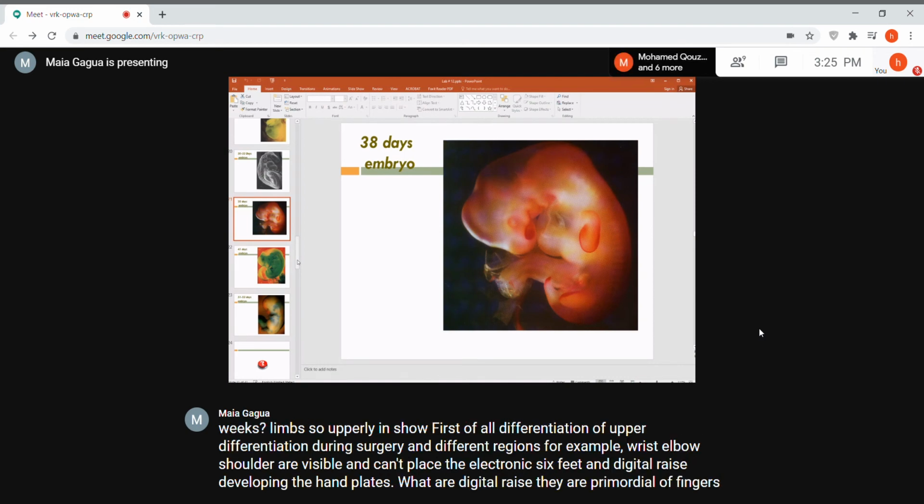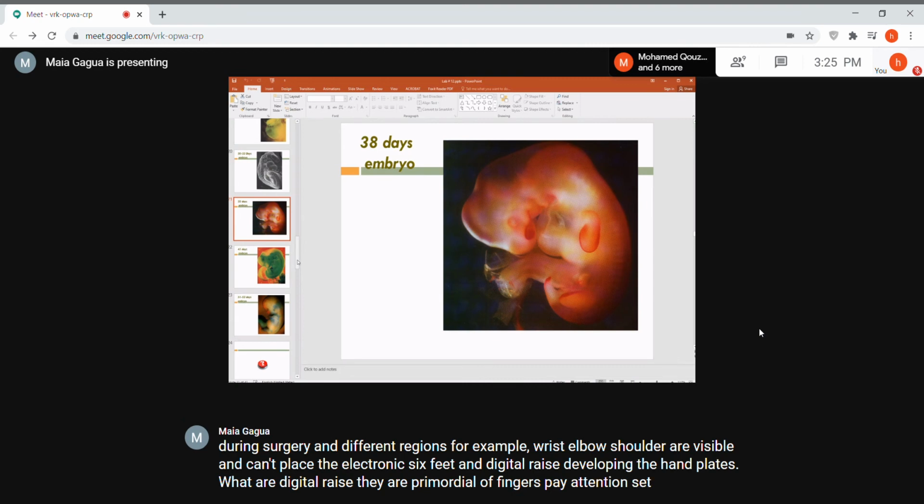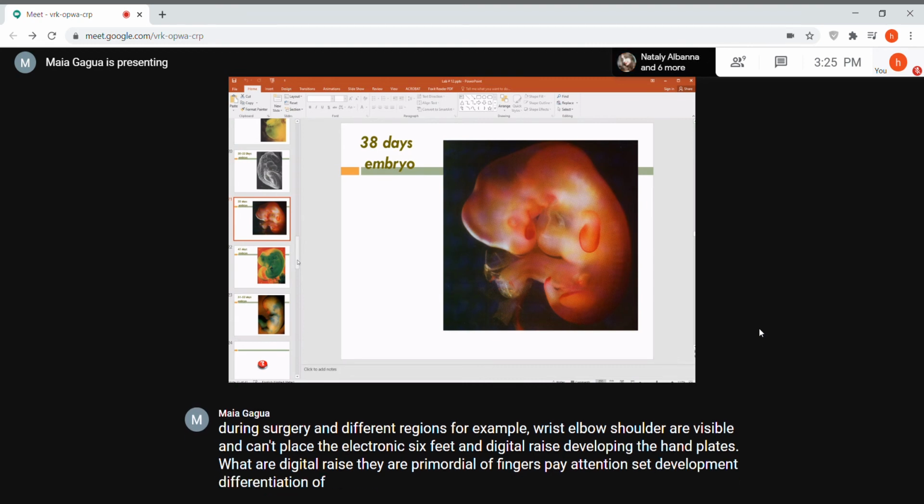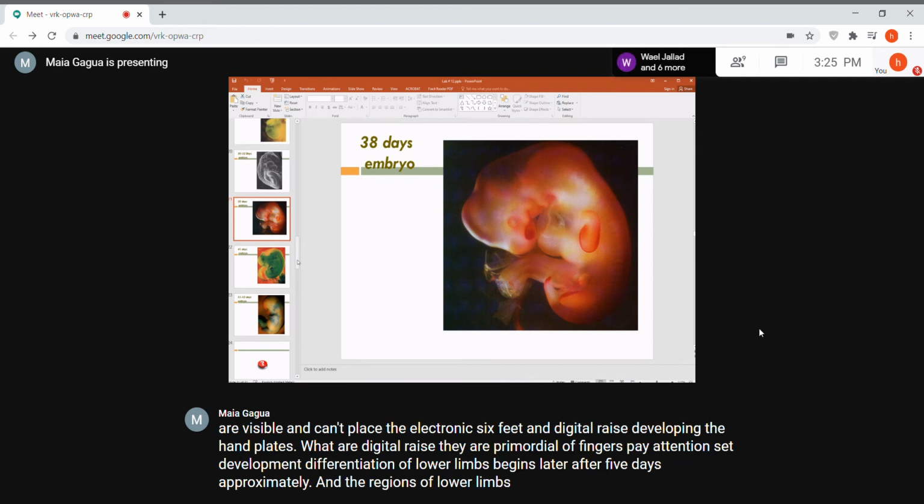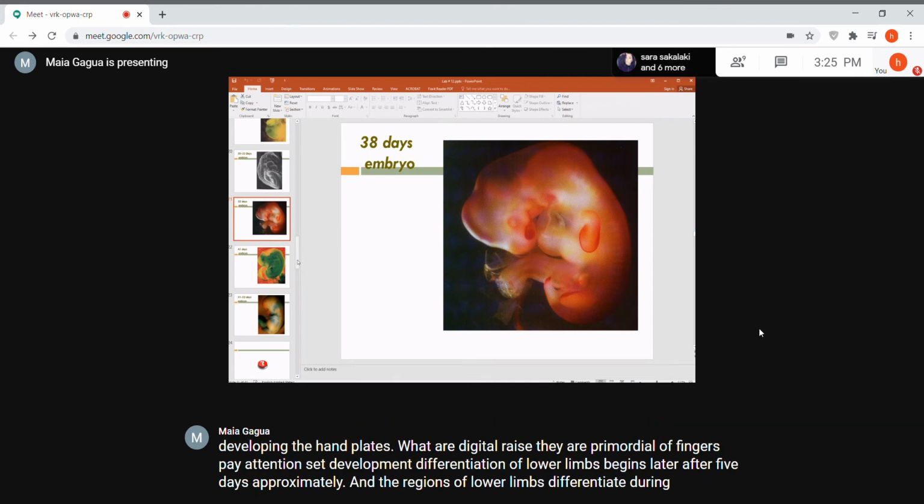Pay attention that differentiation of lower limbs begins later, after 5 days approximately, and regions of lower limbs differentiate during 7 and 8 weeks. When does ossification of bones begin?